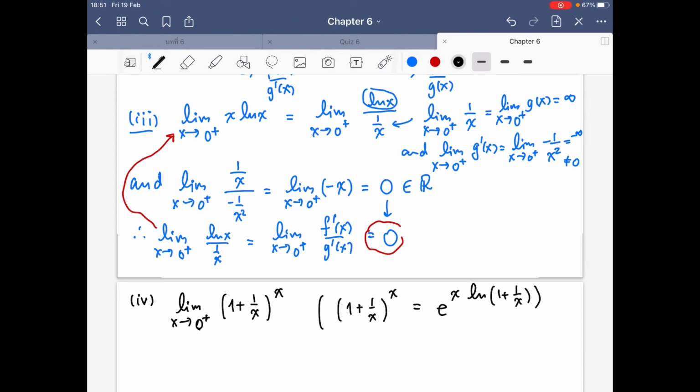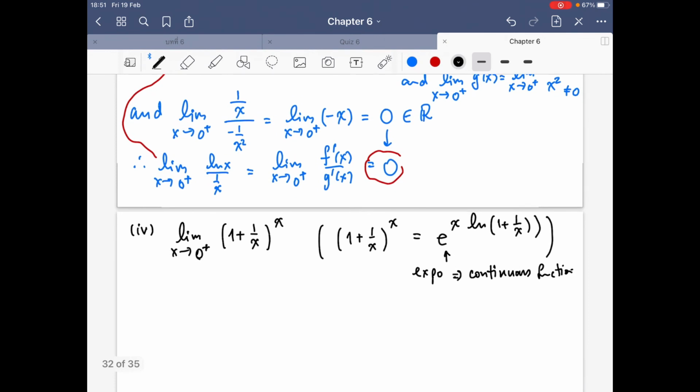And we are going to use the fact that this exponential is actually a continuous function, okay? And by continuity, we are going to pass the limit into the limit of the exponent, okay? And then the limit of this exponential will be e raised to power the limit of the exponent.